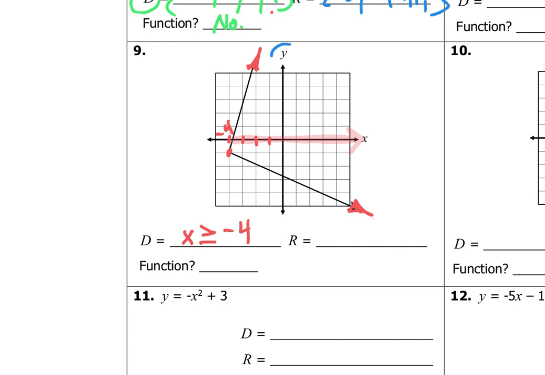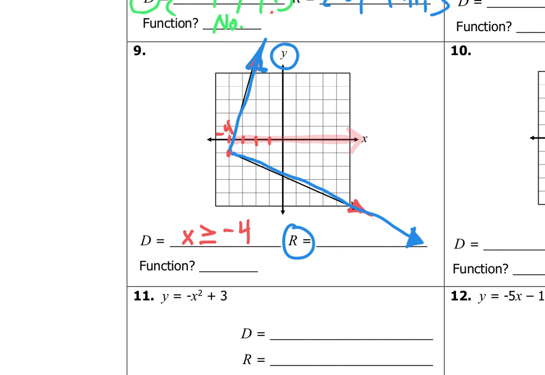So when we start thinking about those y values or the range, we also need to consider that these lines just keep going on and on forever. And for that reason, y can be any value.